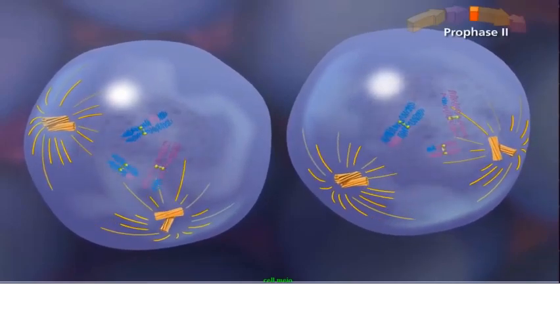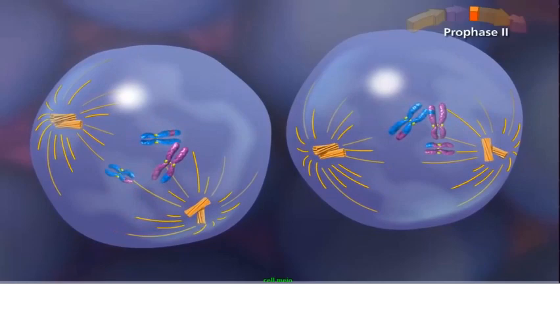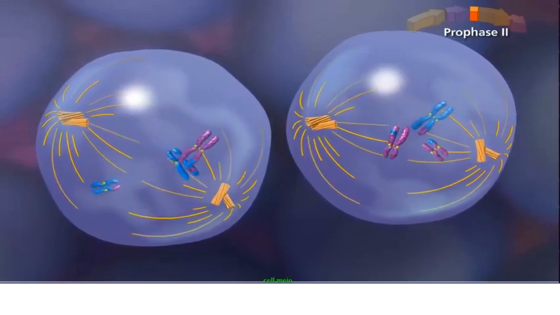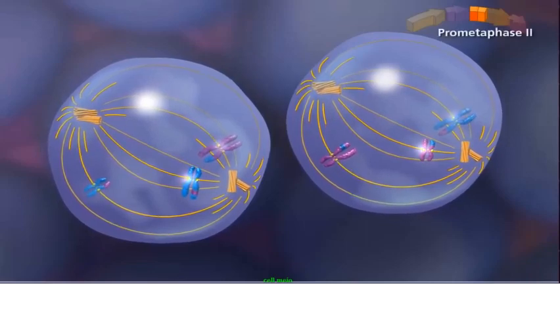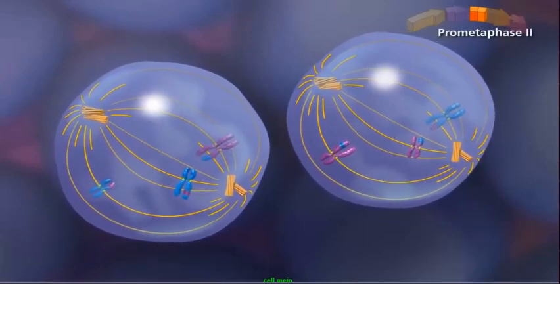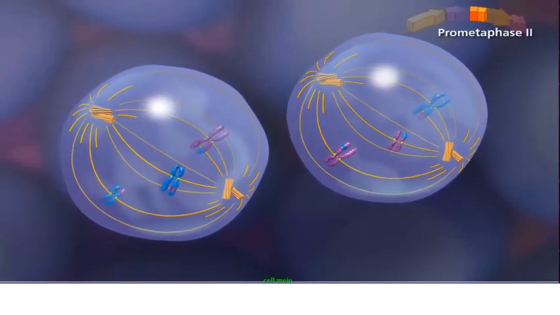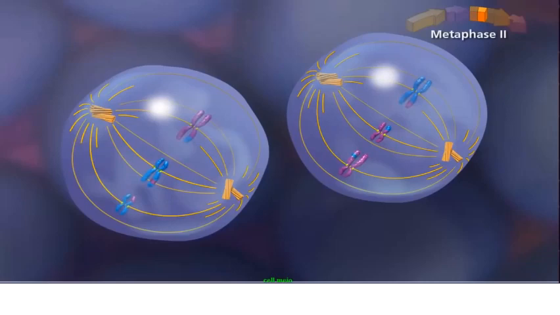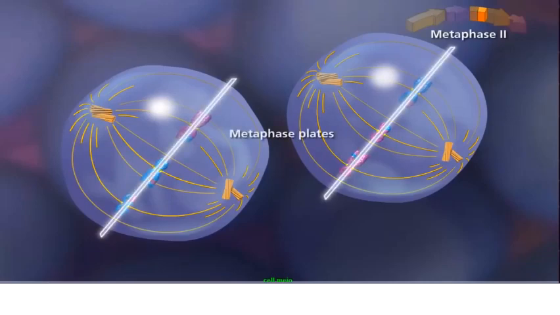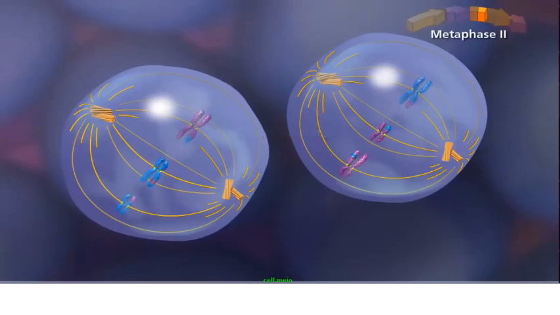In Prophase II, the sister chromatids condense while the spindle starts to form as the nuclear envelope disappears. In Metaphase II, the sister chromatids attach to the spindle by kinetochore microtubules, with sister chromatids attached to opposite poles. The spindle aligns the sister chromatids along the metaphase plate during Metaphase II.